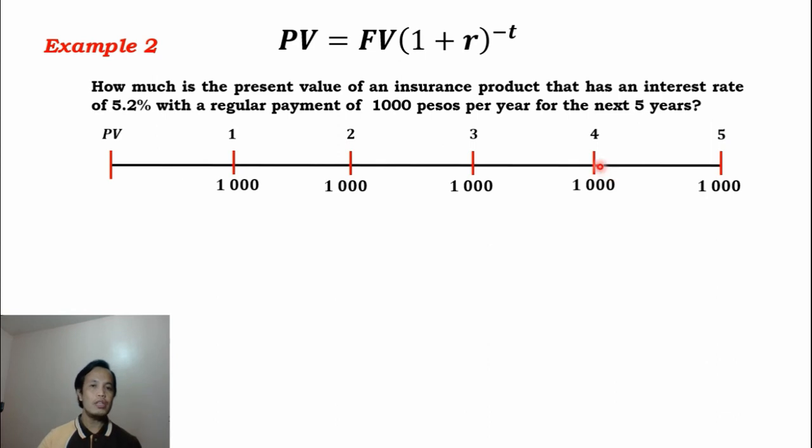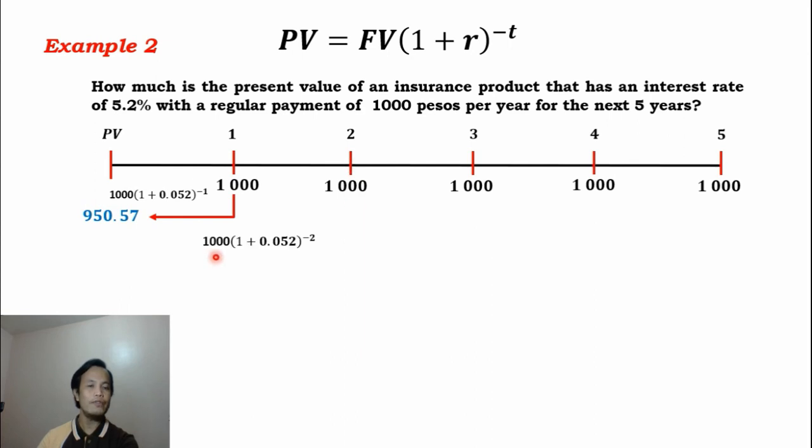We need to substitute these values here, 1,000. We will have the future value is 1,000 times 1 plus the rate, 0.052, and the time is negative 1. So when we use a calculator, that value would be 950 pesos and 0.57. So after 1 year, the present value of the 1,000 pesos you have paid in 1 year is 950.57. Now the same thing happens for the second year.